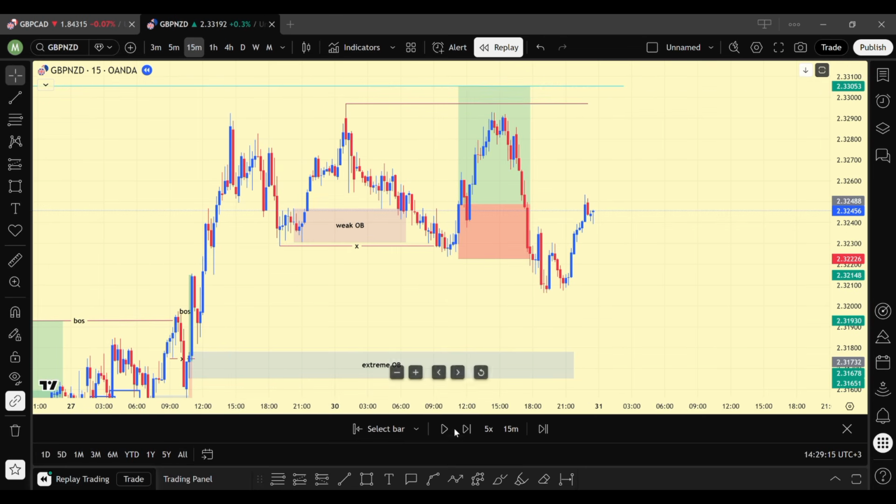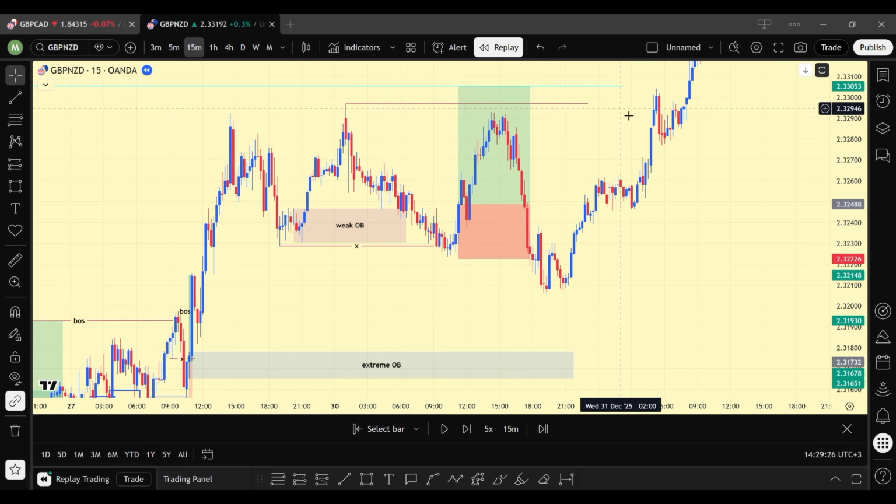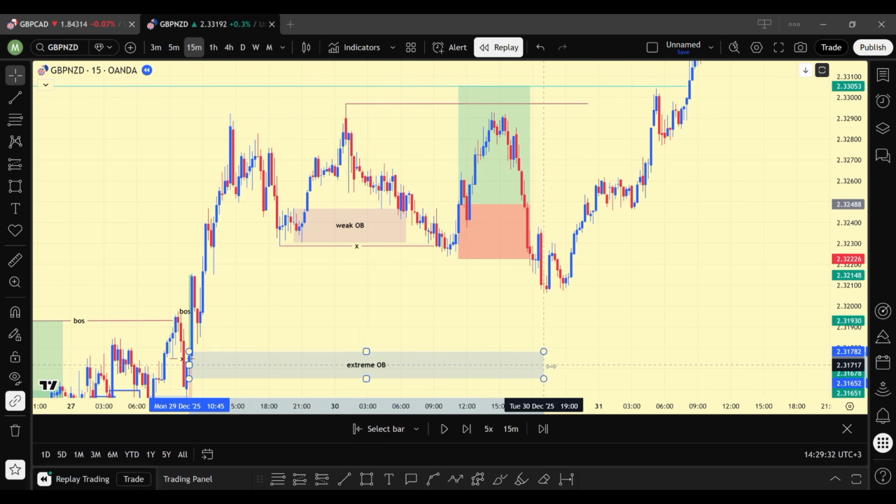The higher time frame external liquidity exactly right there. Right, so price is heading higher. Exactly right there, price made it out to the full TP without mitigating the extreme order block.